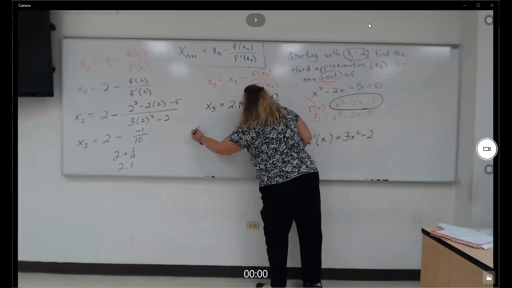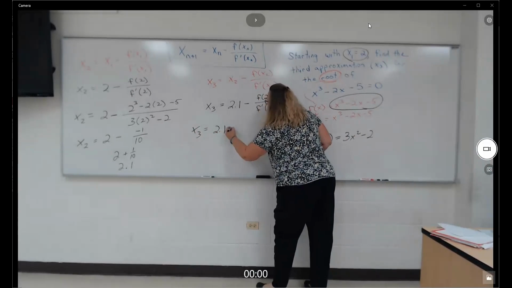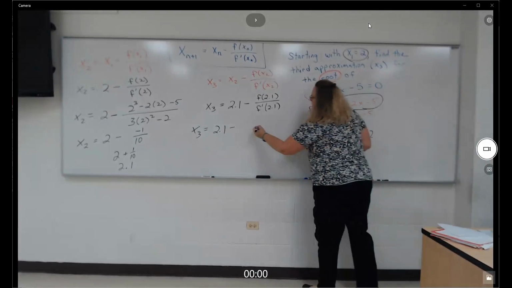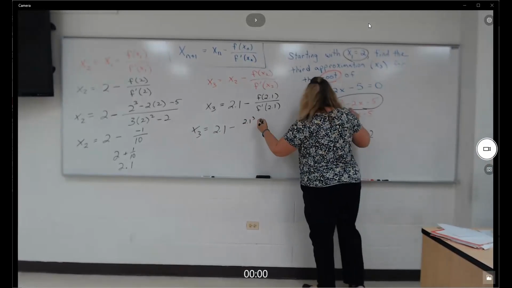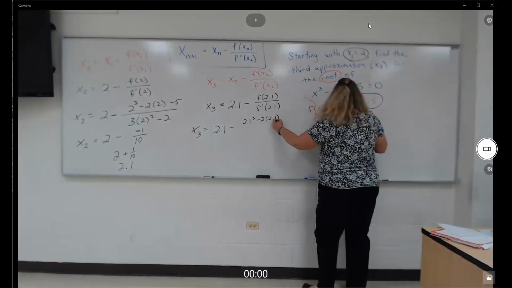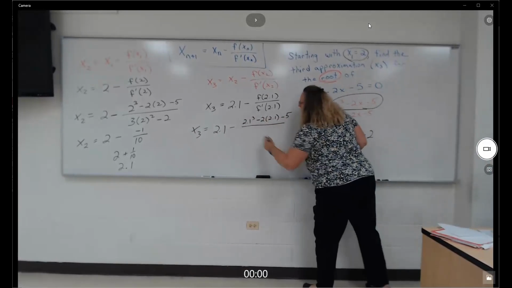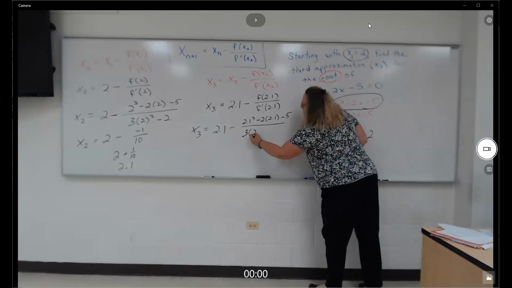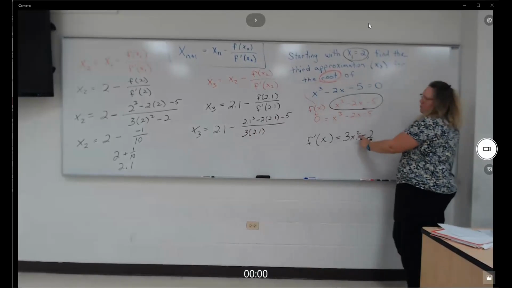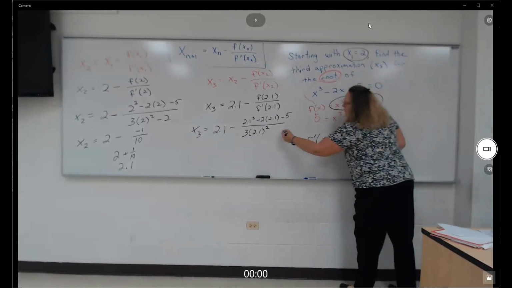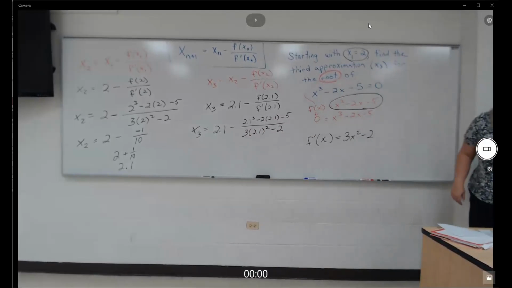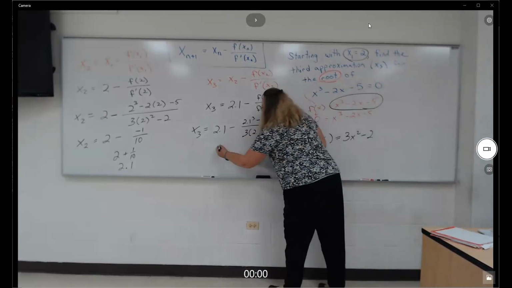And then we'll just take time with the calculator. Plugging in 2.1 into my original function. So 2.1 to the third minus 2 times 2.1 minus 5, and then divided by the derivative, plugging in 2.1. 3 times 2.1 squared minus 2.